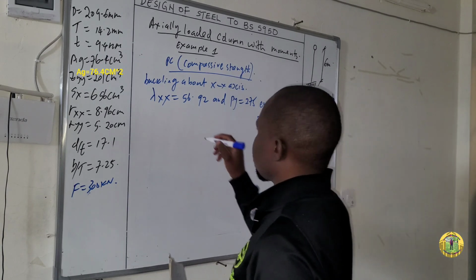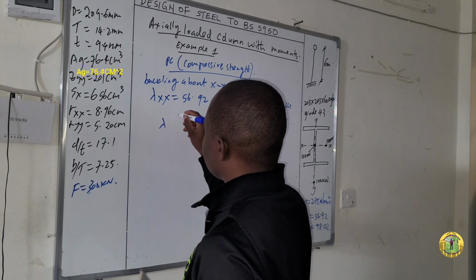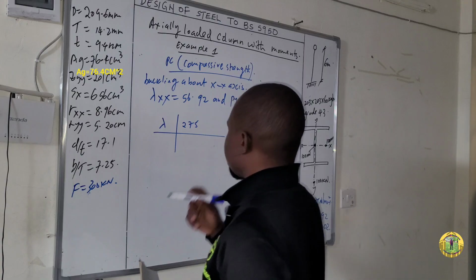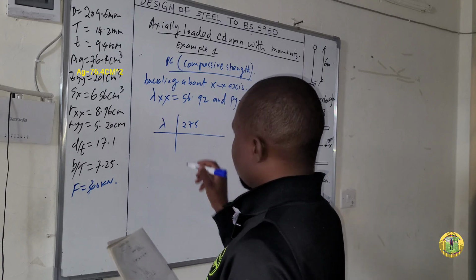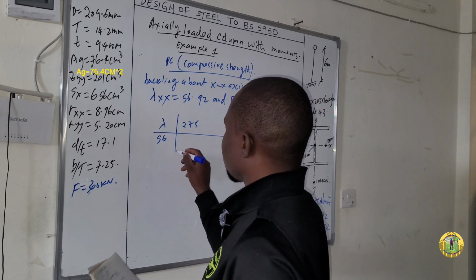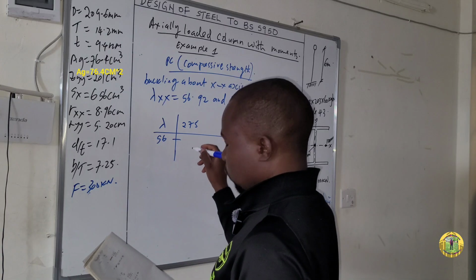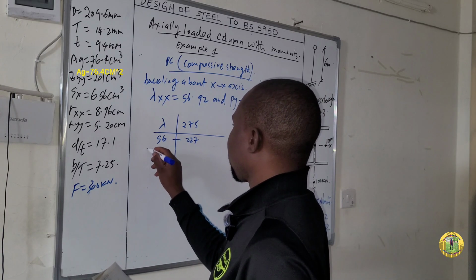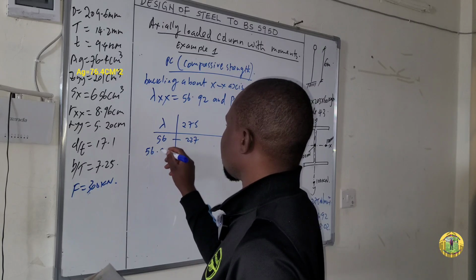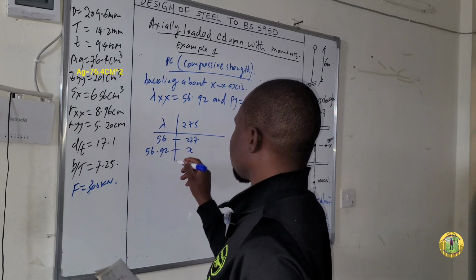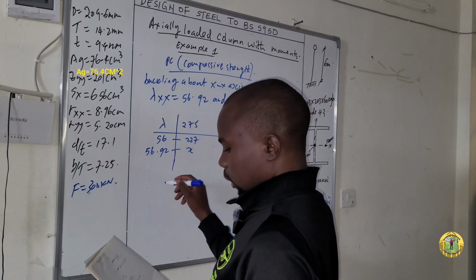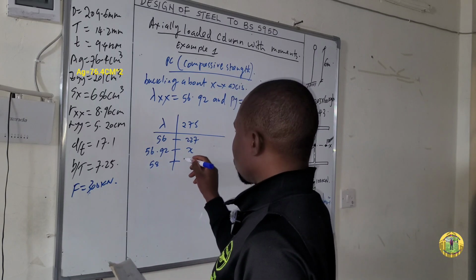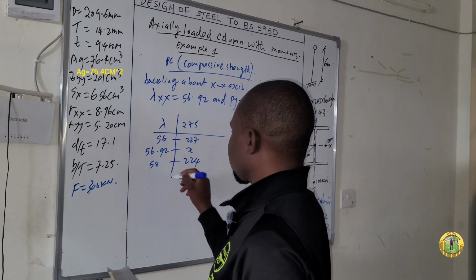So we have the slenderness ratio, and we have 275. Here you have 56 corresponding to 227, and then we have our value here, which is 56.92 to x, and then we have 58 corresponding to 224.